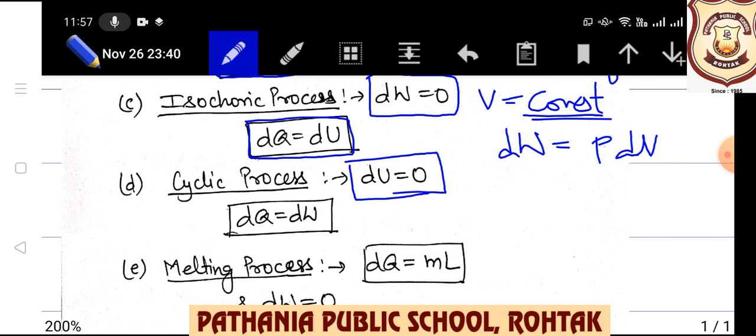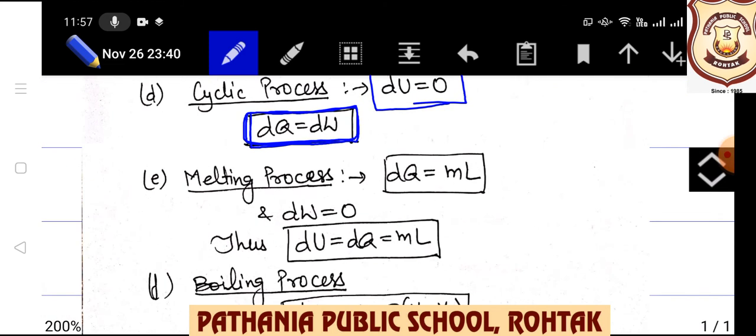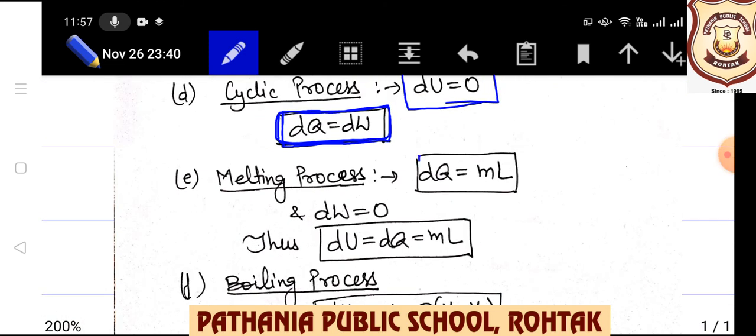In the boiling process, if no boiling happened, then ml would be equal to du, which is simply the state change. But due to boiling, the volume of the vapors of the liquid increases, so the work done in that expansion is p(v2 minus v1).